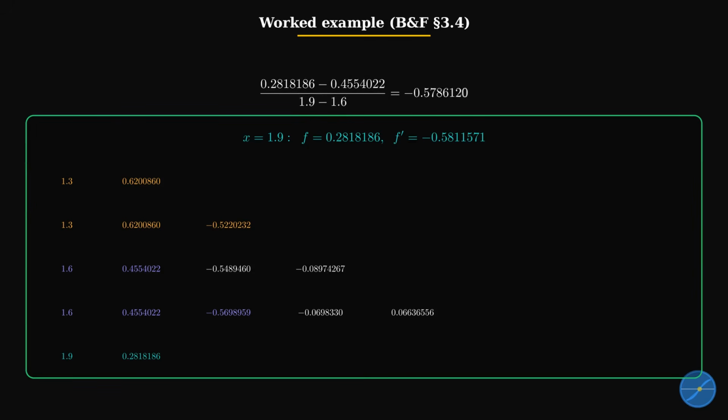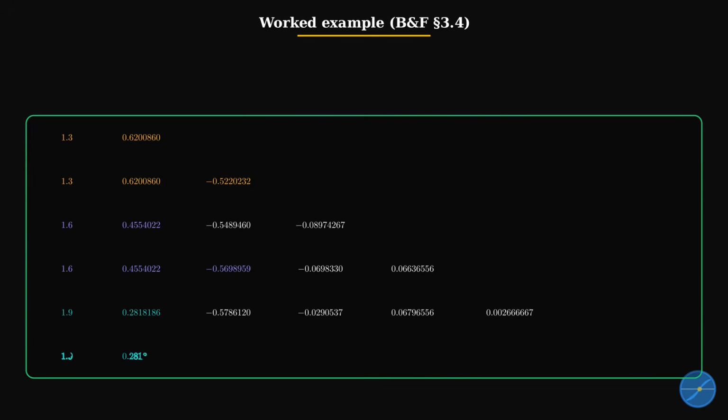Its difference, minus 0.5786120. Across again, minus 0.0290537, then 0.067965556 and 0.0026666. Last pair, 1.9 twice, slope minus 0.5811571.